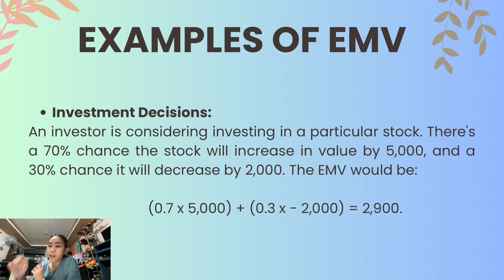For investment decision, an investor is considering investing in a particular stock. There is a 70% chance the stock will increase in value by 5,000 and a 30% chance it will decrease by 2,000. The EMV would be, again, the probability multiplied by the value: 70% multiplied by 5,000, added to the 30% chance and the loss, which is 2,000.